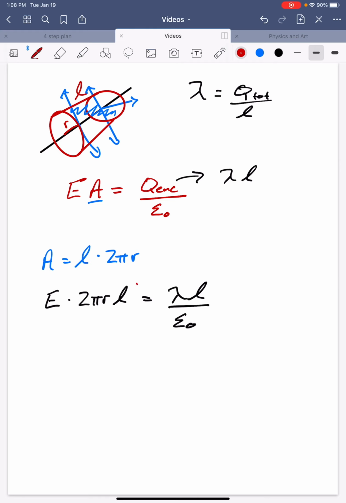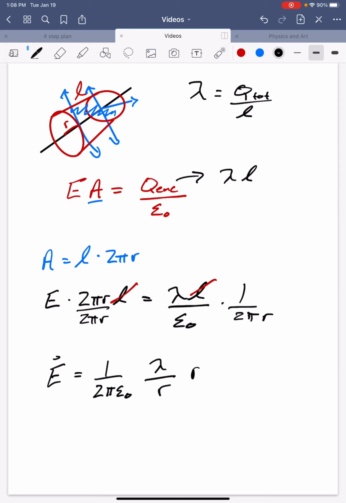And you see that my L's cancel out, so when I make my cylinder get infinitely long, I don't have to worry about that. And I can divide the 2 pi r over on both sides. So now I get that the electric field produced by an infinitely long wire is equal to 1 over 2 pi epsilon naught lambda over r, and again in this radial r hat direction.